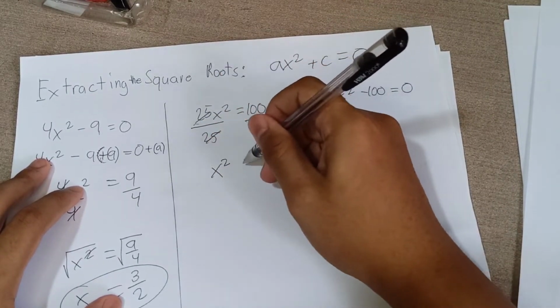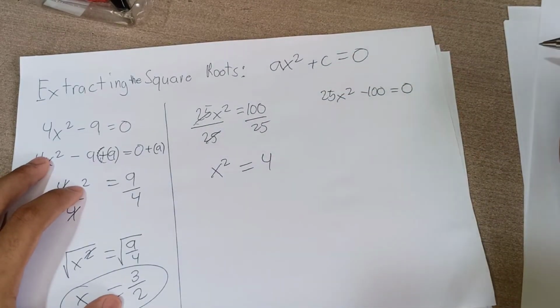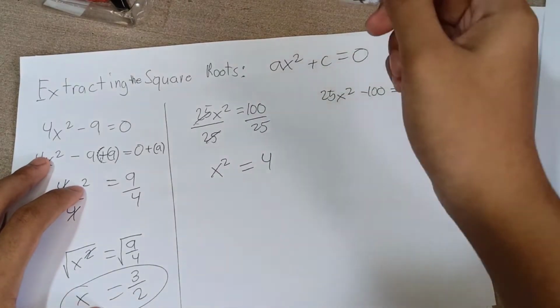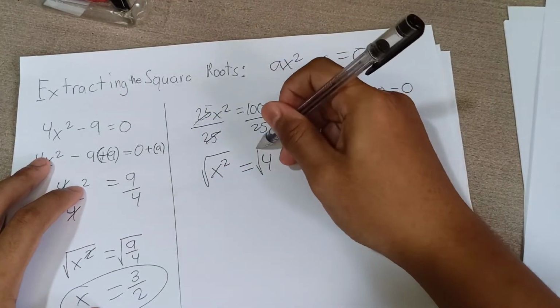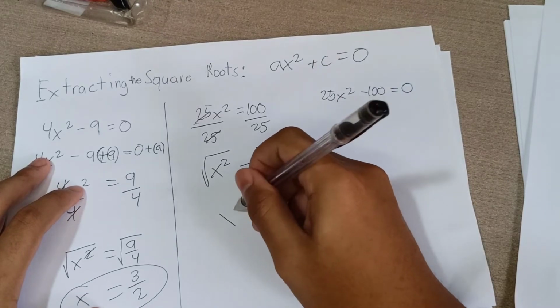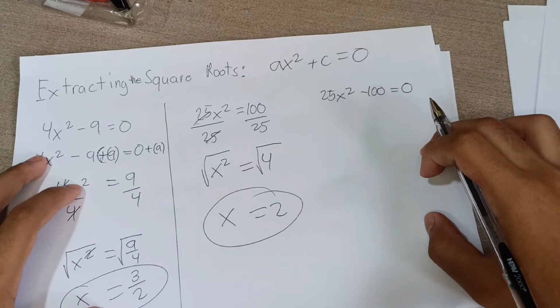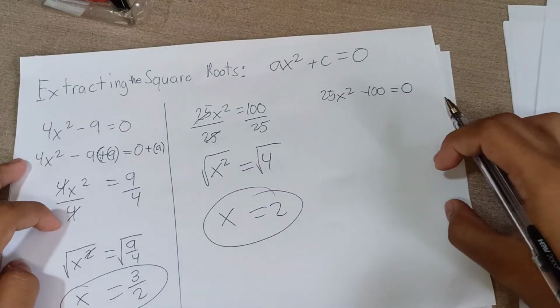X squared will remain, and 100 over 25 will be 4. Then, now, put a square root sign on both sides, resulting in x is equal to 2. And that's how you do the extracting the square roots method.